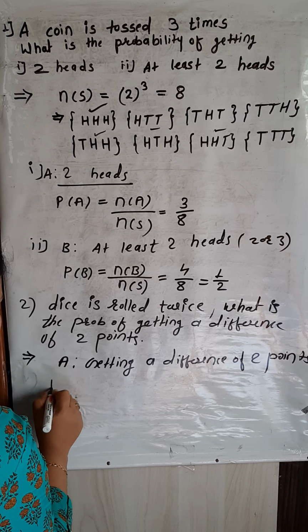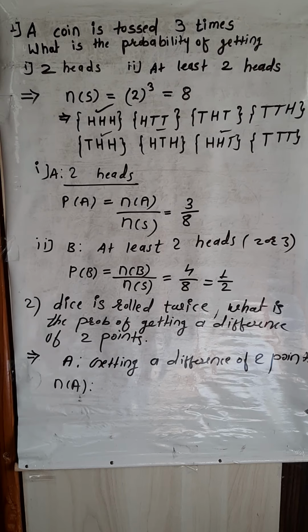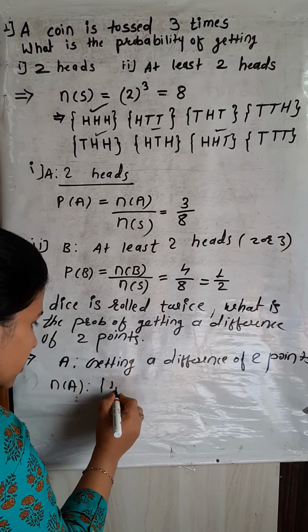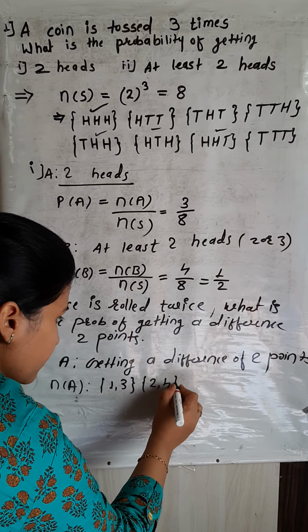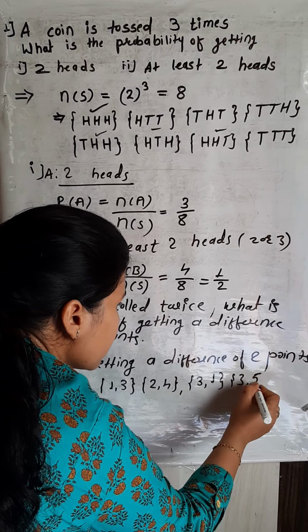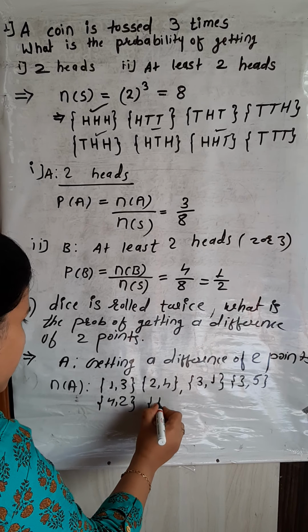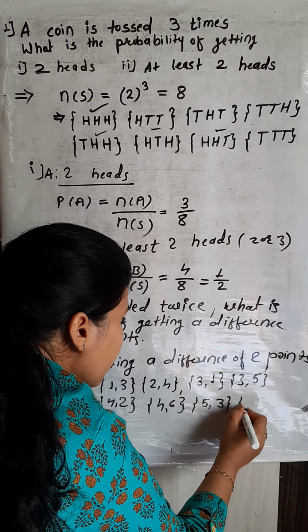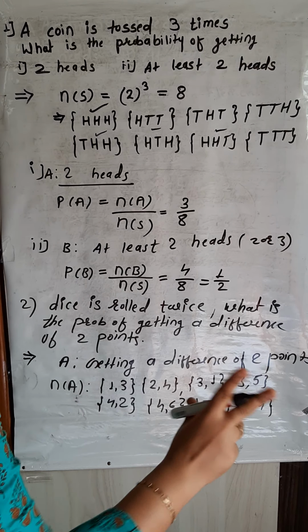So we'll write how many outcomes come under this event n of A. So n of A will be, first is 1,3, then second will be 2,4, then 3,1 and 3,5. After that 4,2 and 4,6. After that 5,3. After that 6,4. All these events outcomes are having difference of 2 number, right?